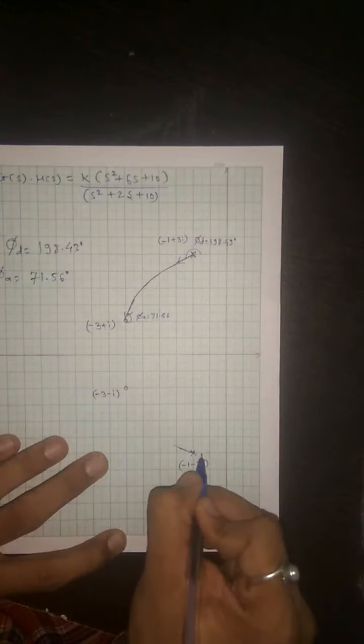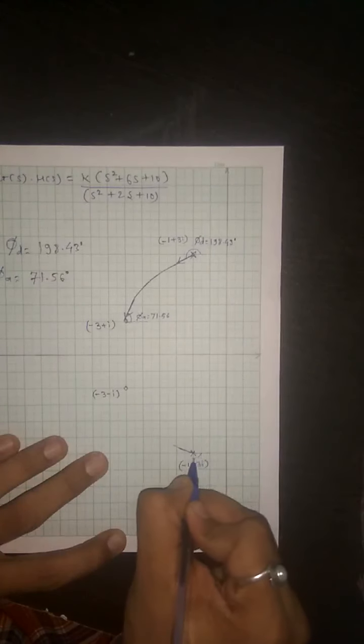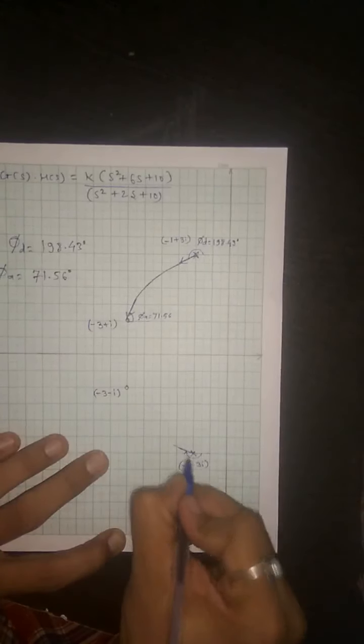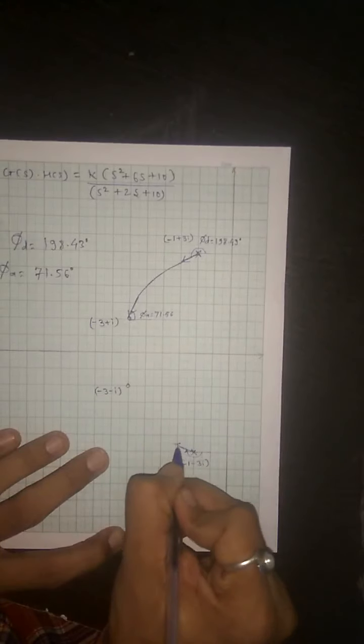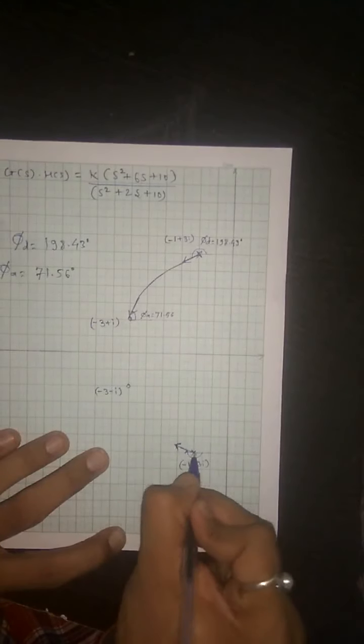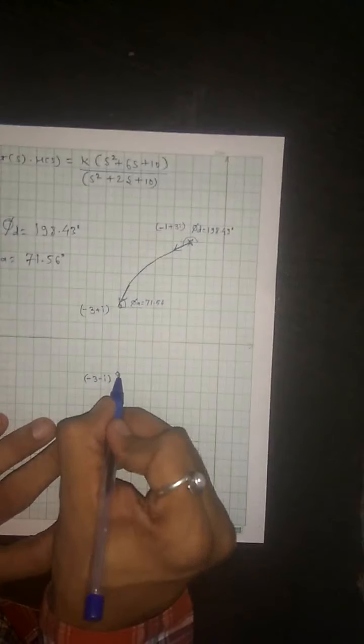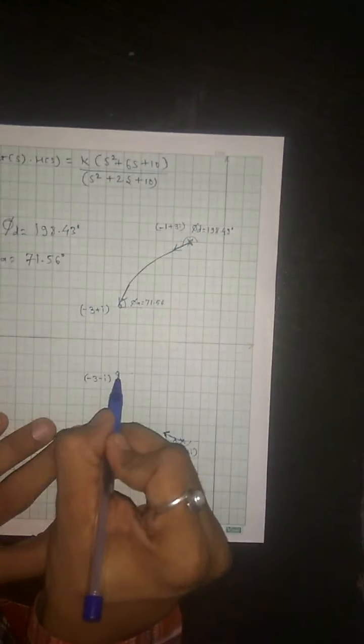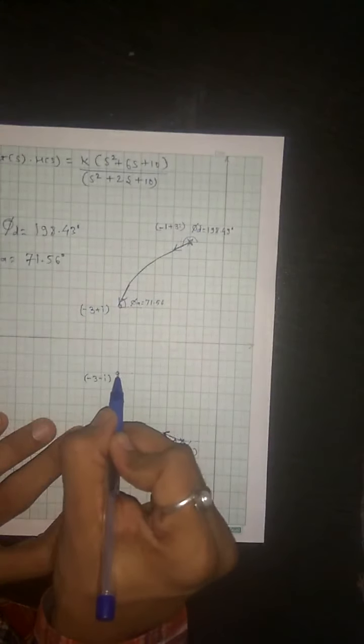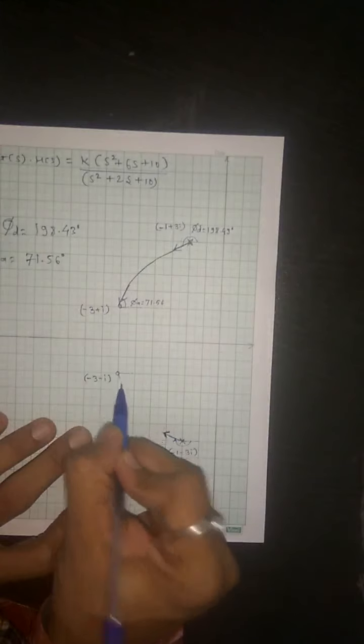Minus 198 is to be shown, so this will be the minus 198. And in this direction root locus will start from this pole, and here you should show minus 71.56, like this one.